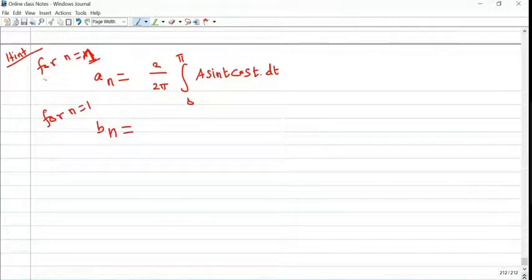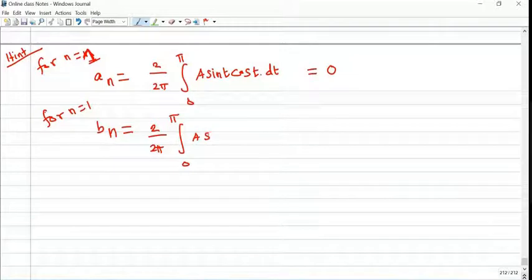Apart from A naught, An and Bn, you try to calculate n equal to 1 for An and n equal to 1 for Bn. If you expand sin A cos B and substitute all the values, I think you will get 0 for this. So please verify.